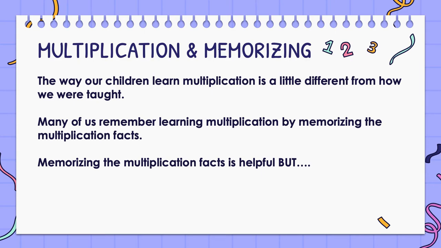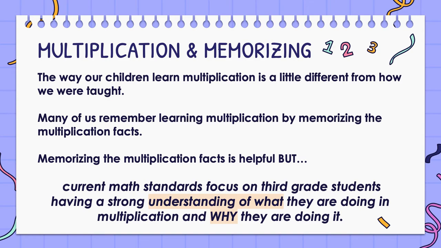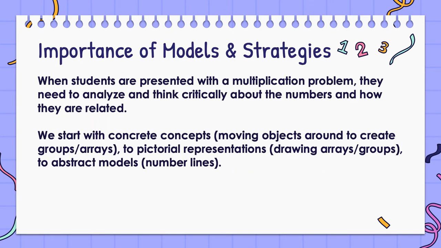Memorizing the multiplication facts is helpful, but the current math standards for third grade students is to have a strong understanding of what they are doing in multiplication and why they are doing that. So before we have those students memorize those multiplication facts, we want them to understand why they're using the numbers the way that they are.